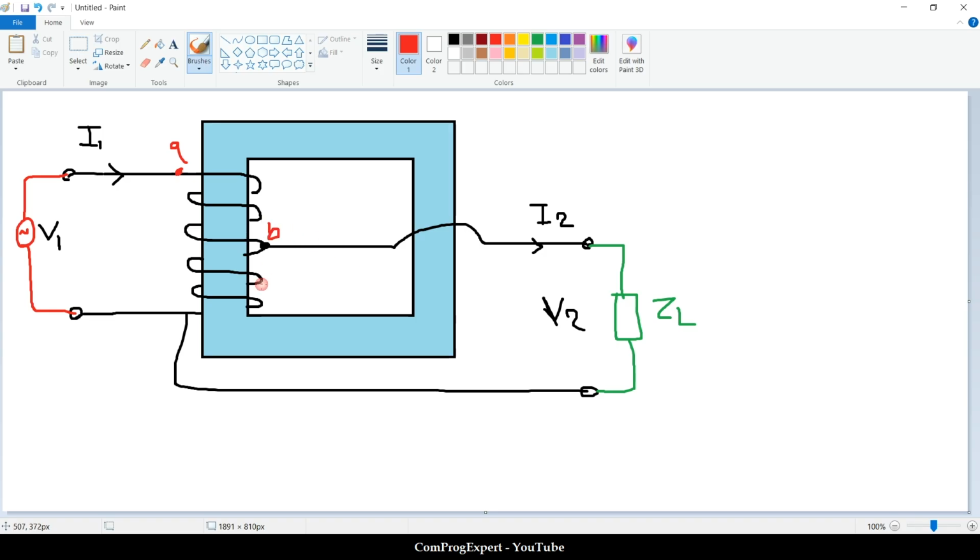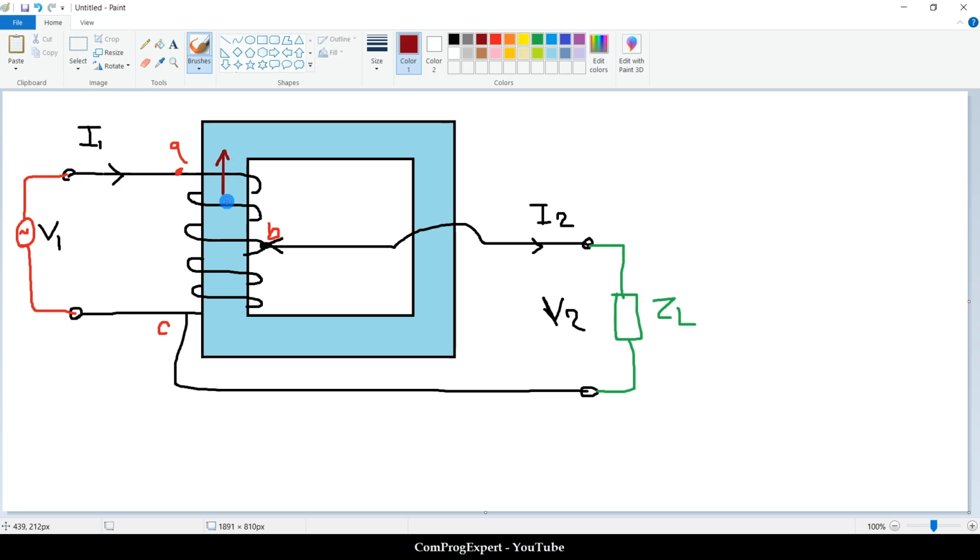This is the point B, and this is the point C. The point B is the common point where we get the voltage for the load. When the current flows in this part of the coil, I1, we will have this field inside the core in this direction.